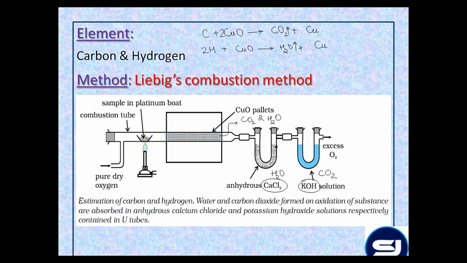So the difference in the weight before and after will give you the amount of H2O produced from this organic sample, and similarly the difference in the weight for this U-shaped glass tube will give you the weight of CO2, which relates with the weight of carbon in the organic sample. So that is the working of Liebig's combustion tube.